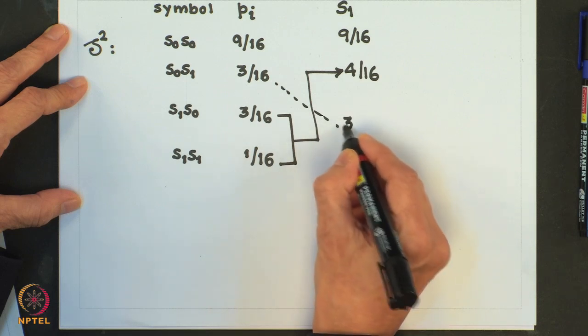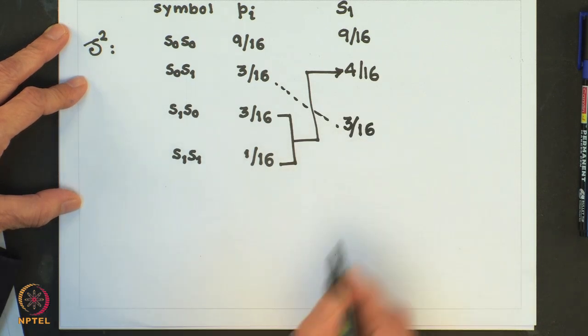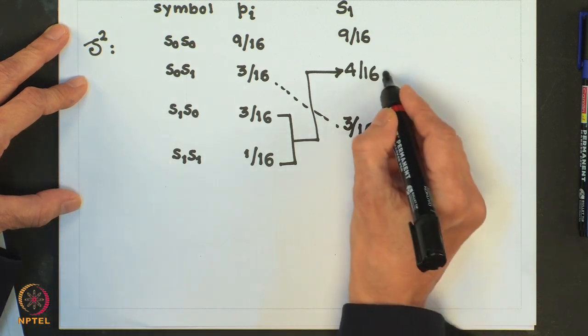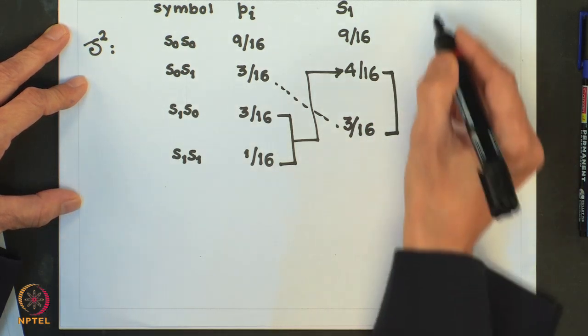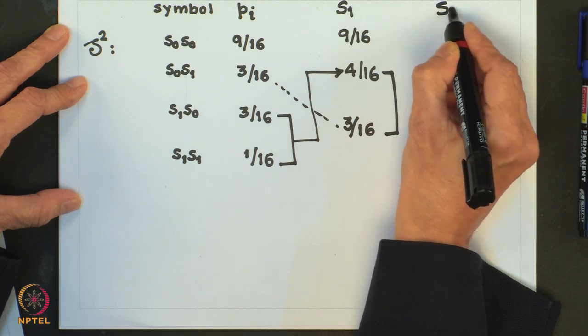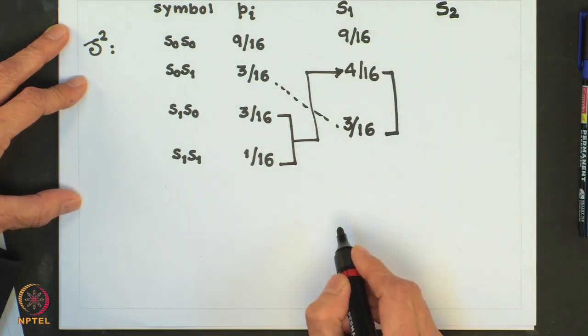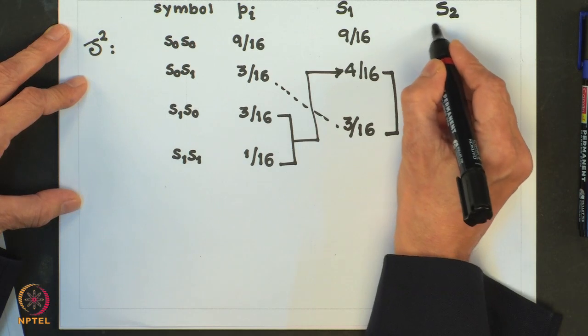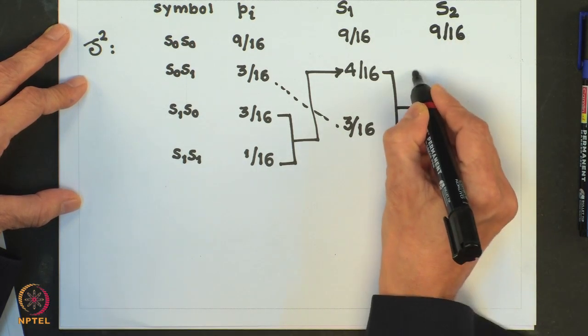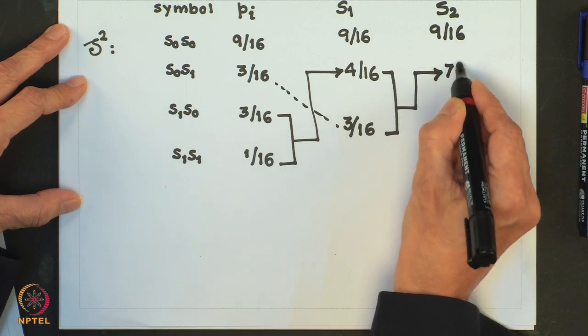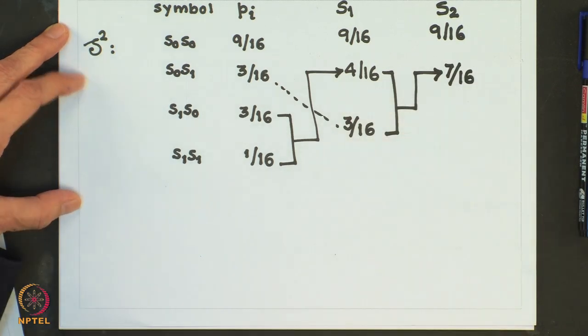and this will be 3 by 16. So, I reduce it once more and then I get S2 as the reduction. This is 9 by 16 and this will be 7 by 16.